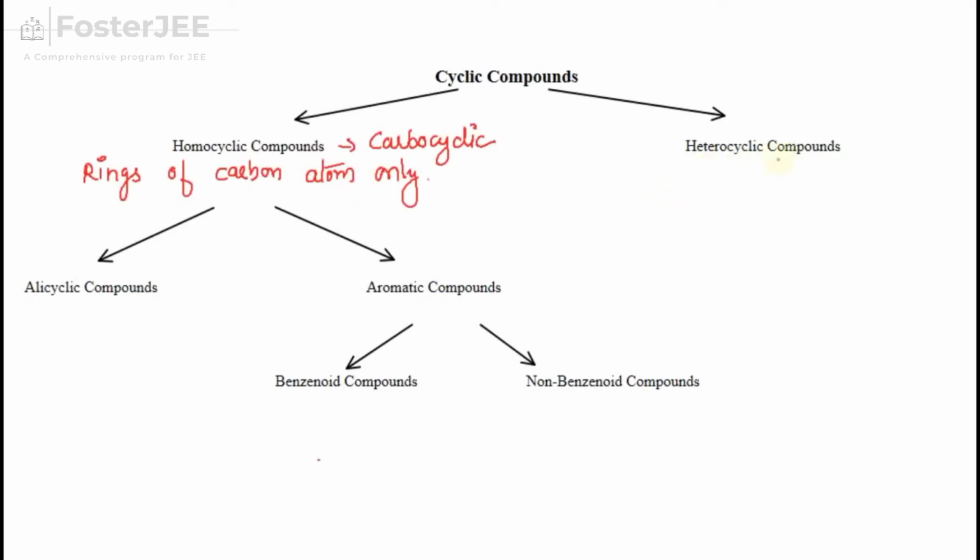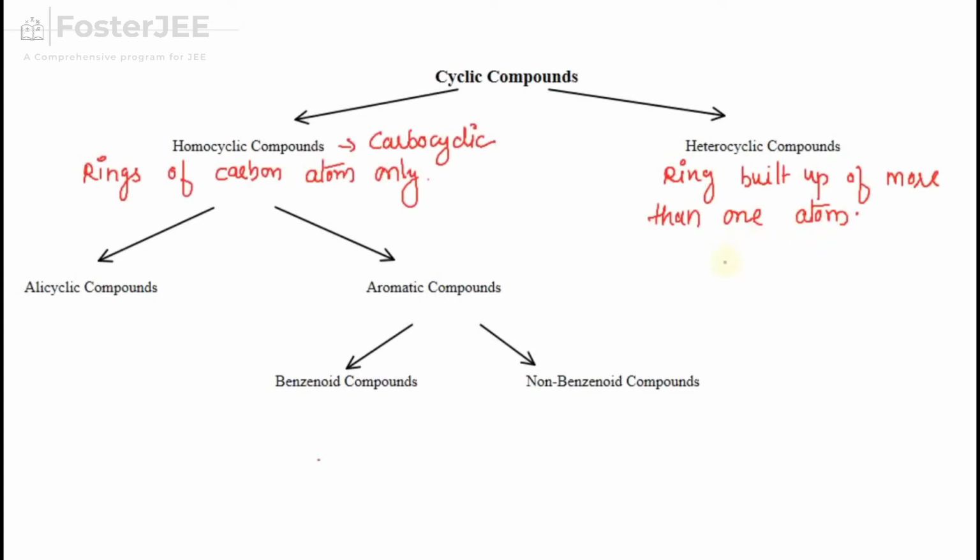And the heterocyclic compounds are the cyclic compounds having a ring built up of more than one atom.